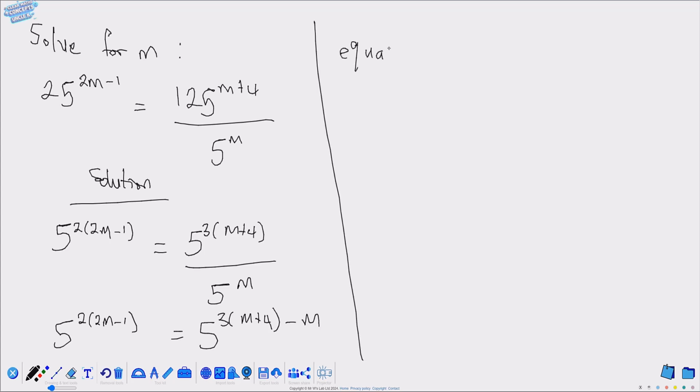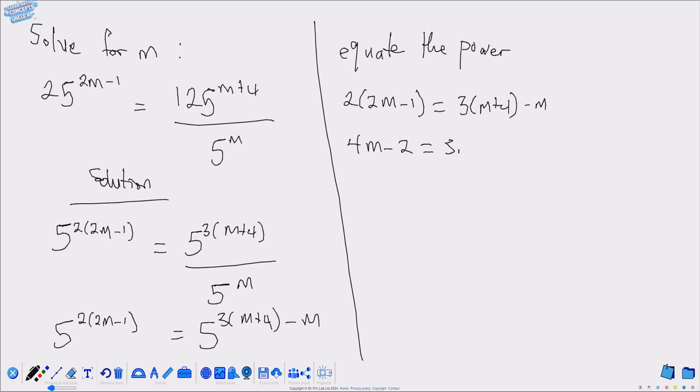Equate the power. 2 into 2m minus 1 equals 3m plus 4 minus m. So let's open the bracket. 4m minus 2, 3m plus 12 minus m. So you have 4m minus 3m plus m equals 12 plus 2.